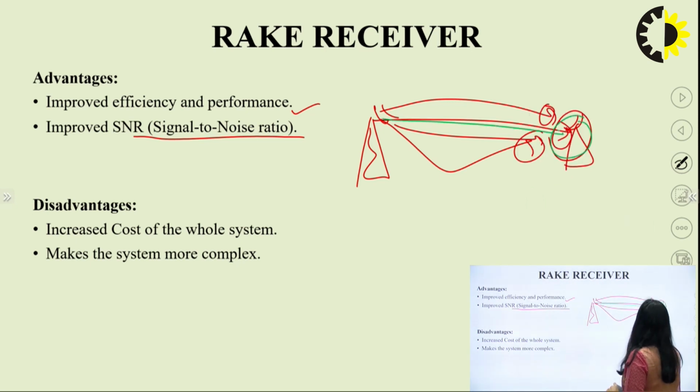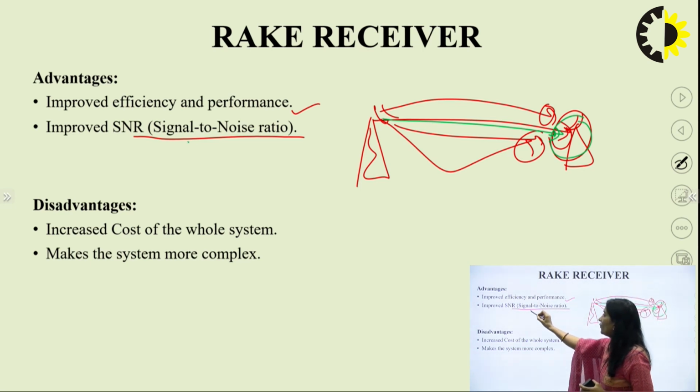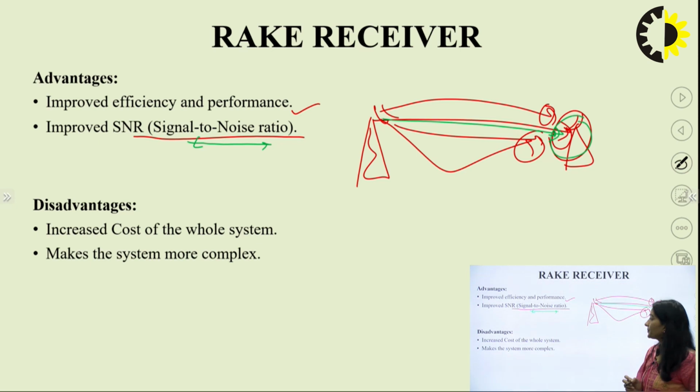Then the signal strength will be low because we are not considering the other parts, although they have good strength also; they are only shifted in time. So this is how your strength will be reduced. But if we catch all the signals and combine them in the RAKE receiver, then the total signal strength will be increased or enhanced. That is how it improves the signal to noise ratio.